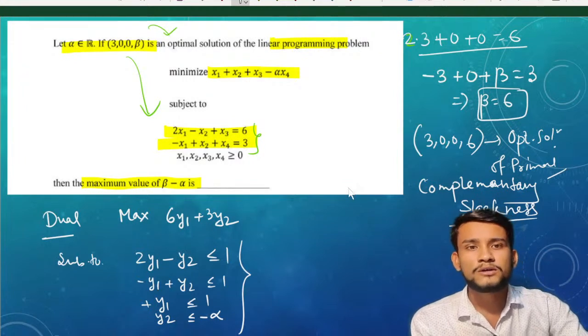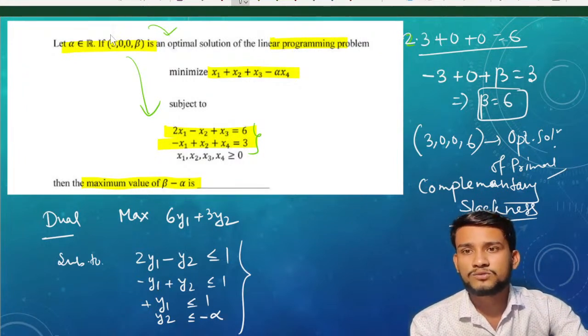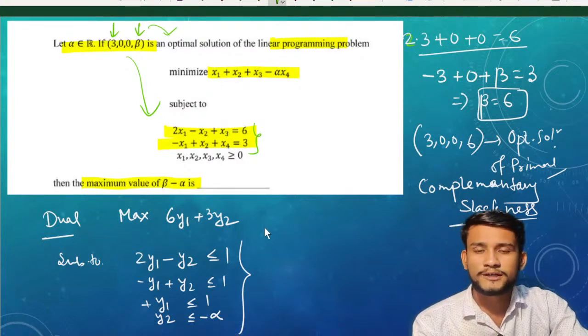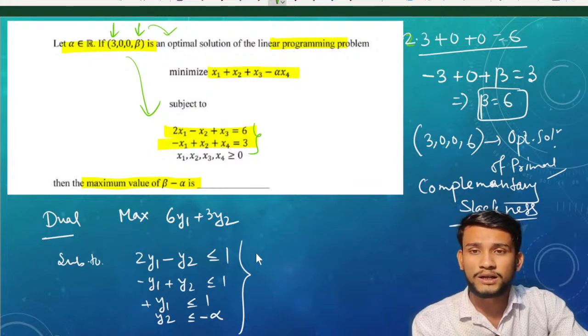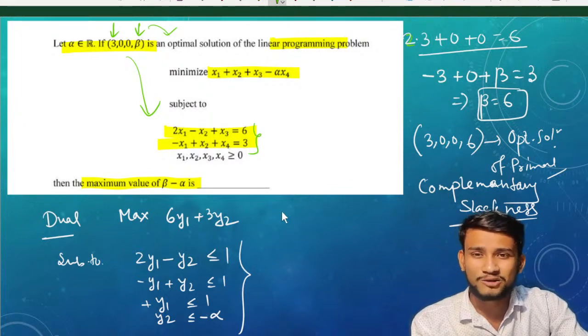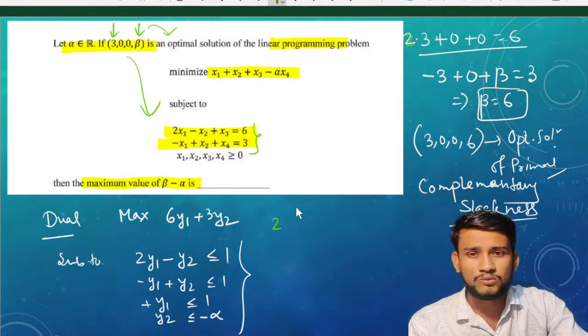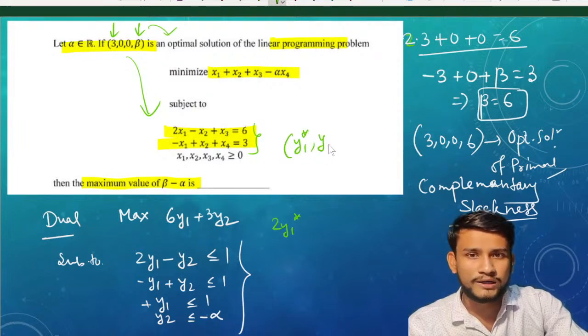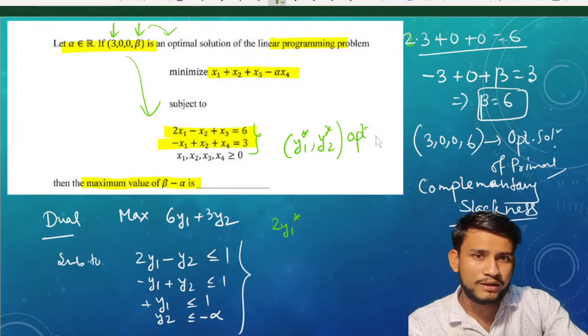So first we see that here x1 and x3 are non-zero. That means, if the ith constraint is non-zero, then the corresponding constraint in the dual in its optimal form is a strict equality. Suppose y1 star and y2 star are the optimal solution of the dual.